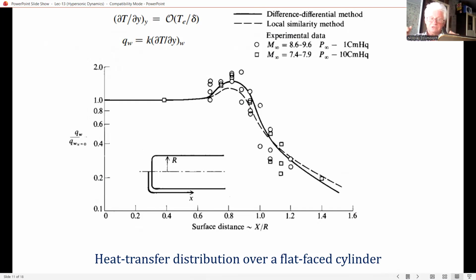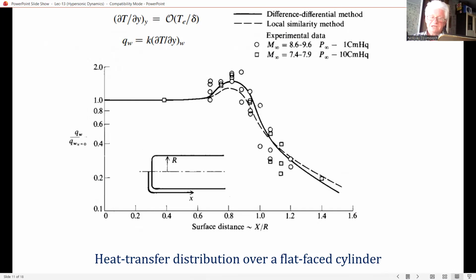But you should note that, as is to be expected, the differential method gives better agreement with experiment than the local similarity method. The flow over a flat face cylinder is a good test case for any theory because the boundary layer is highly non-similar, especially in the rapid expansion region at the corner.